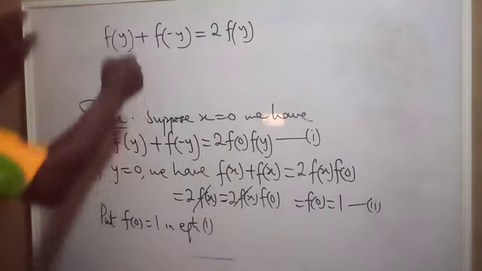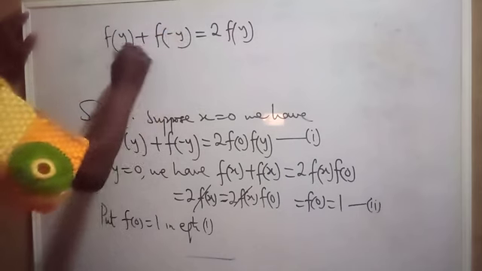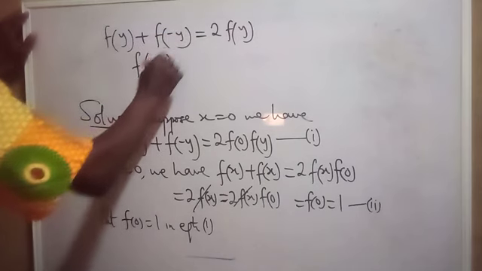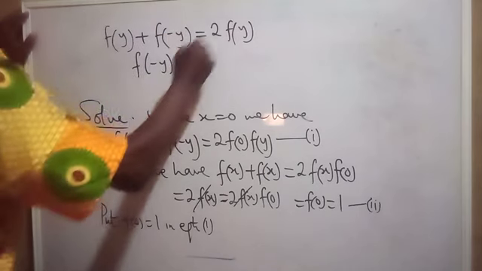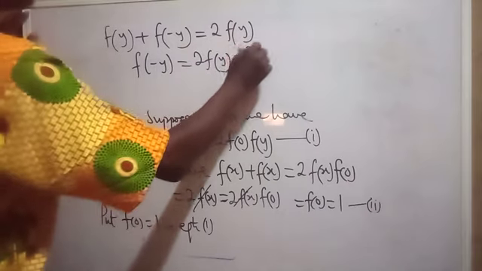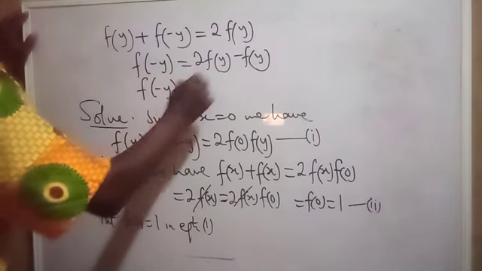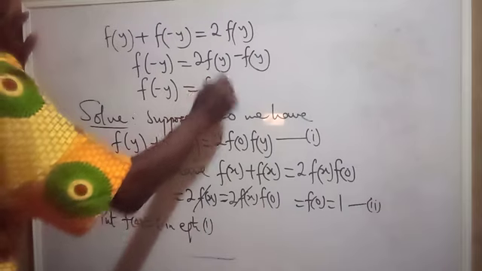Collecting like terms, f of minus y will be equal to 2 f of y minus f of y. So f of minus y will be equal to f of y.